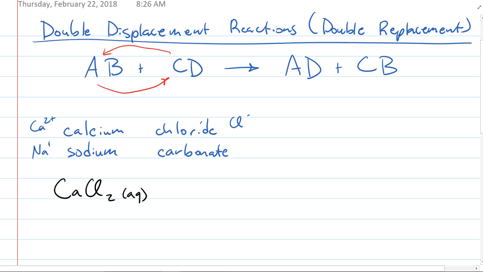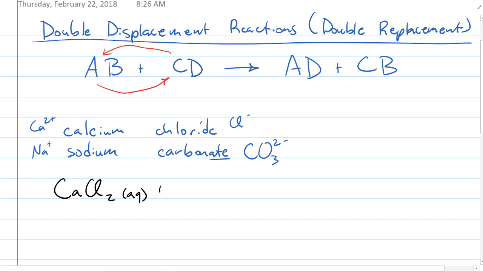And carbonate, we now see an ATE suffix, which tells us which element is there for sure: oxygen. So this is one of your polyatomic ions. The formula for the carbonate ion is CO3 with the charge of 2 minus. You need to have these memorized.